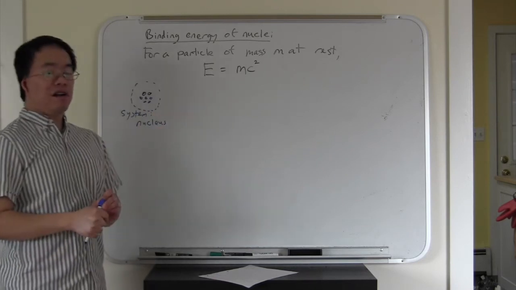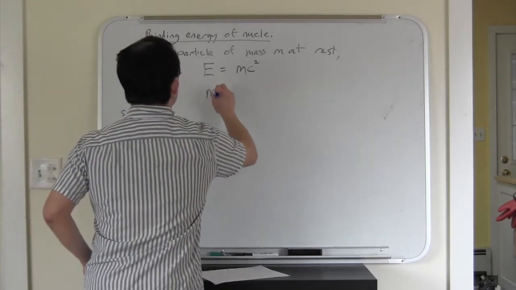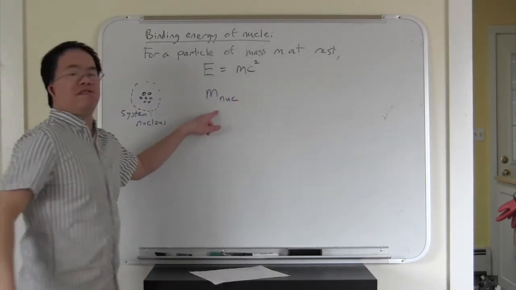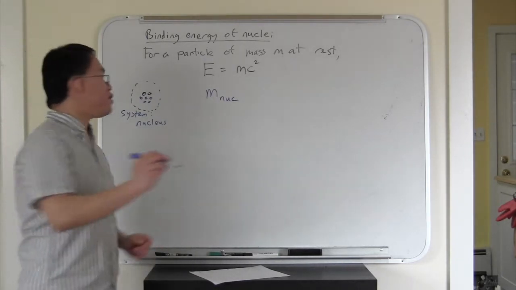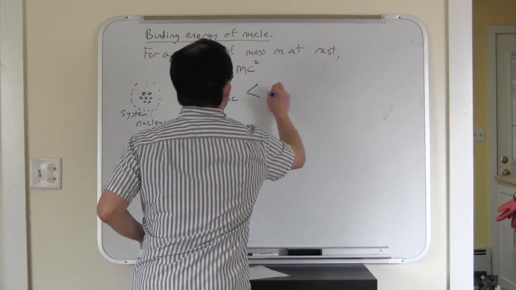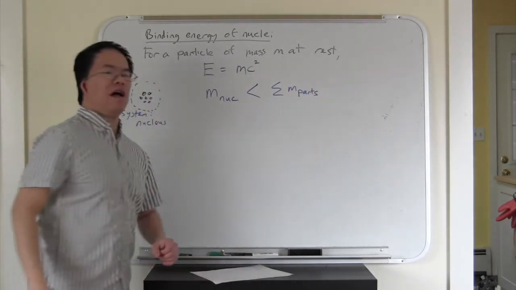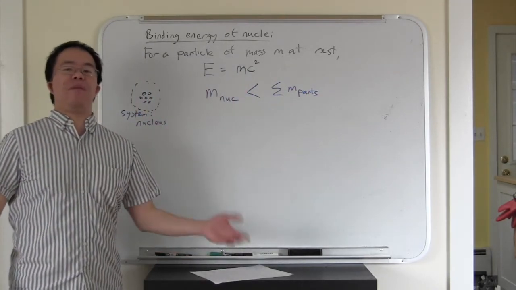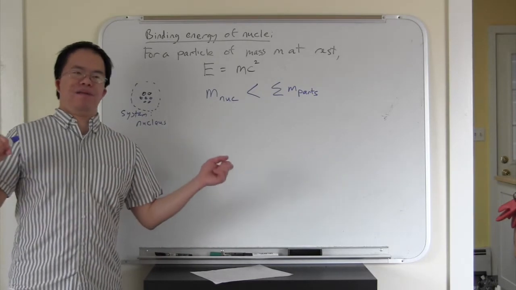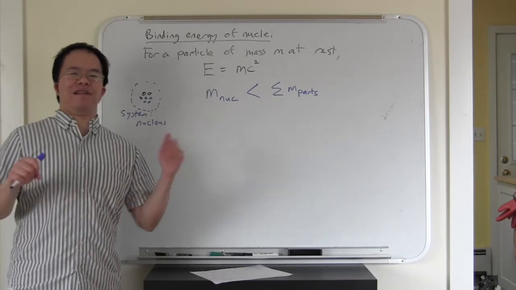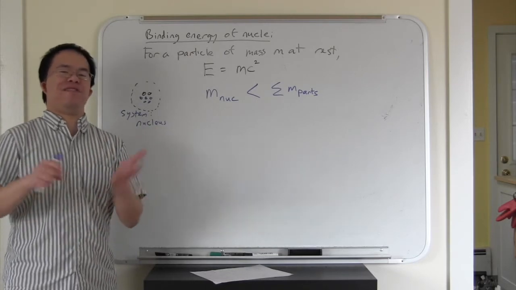It turns out to be true for nuclei that the mass of the nucleus, which I'll abbreviate m sub nuc, is less than the sum of the masses of the parts. This is something we saw in a bunch of examples back in Unit R, where some things collided, for instance, and the final mass was not always equal to the sum of the masses of the initial things.